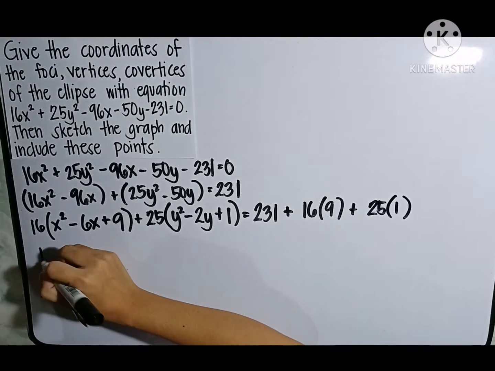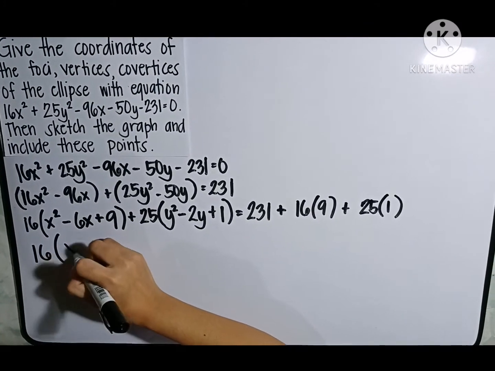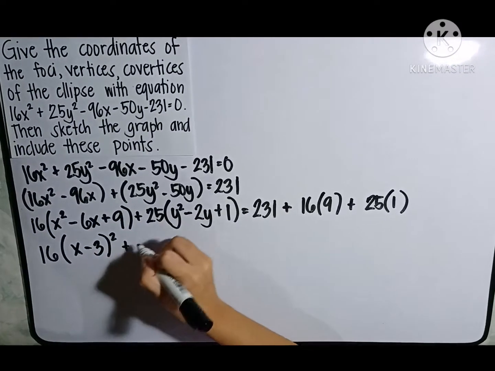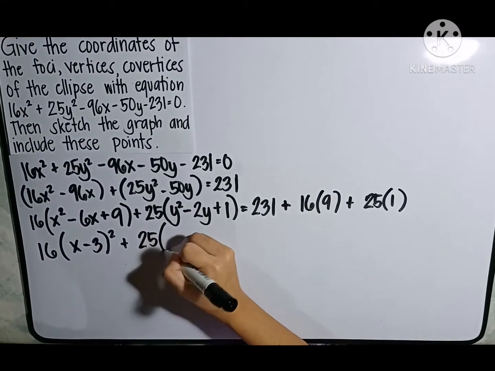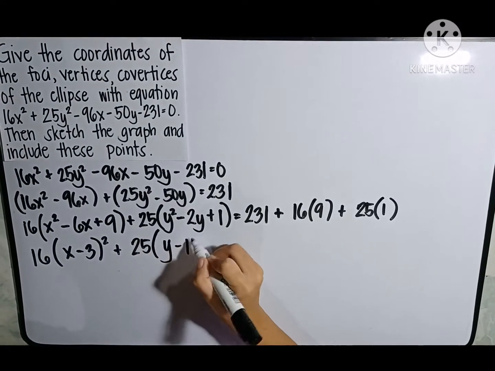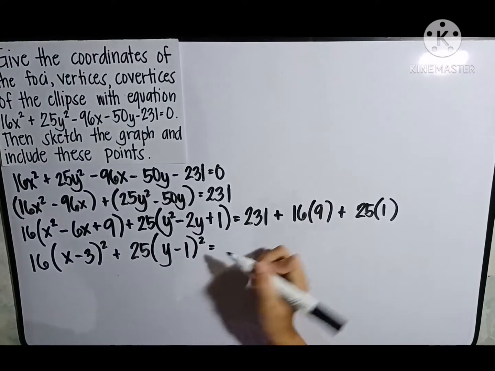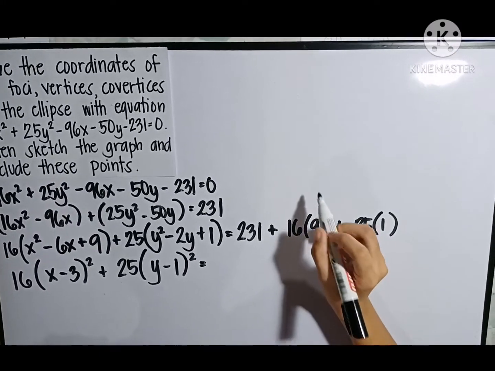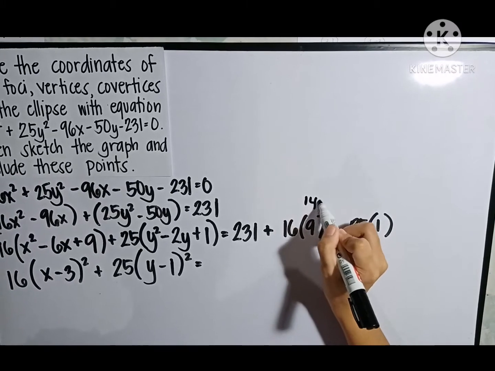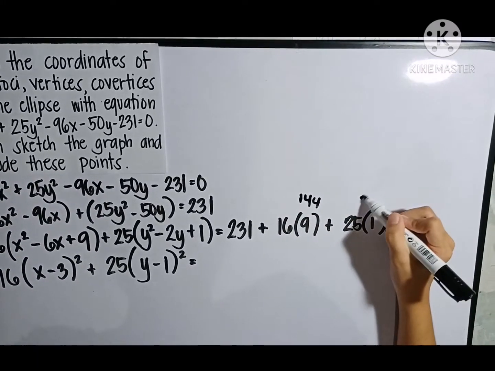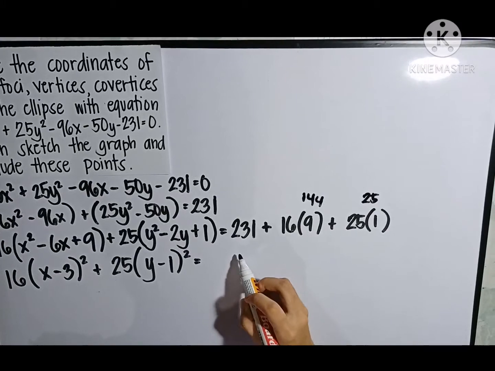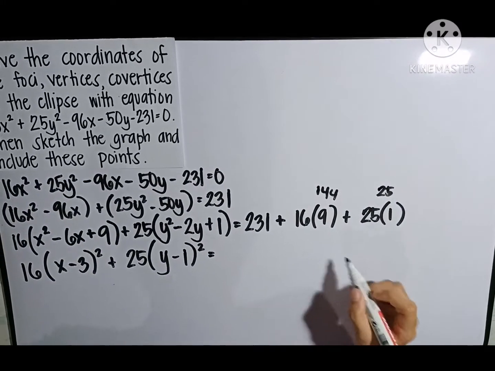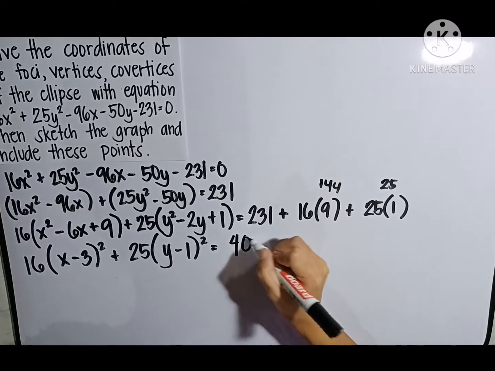Let us simplify. 16 times x minus 3 quantity squared plus 25 times y minus 1 quantity squared is equal to 231 plus 16 times 9, which is 144, plus 25 times 1, which is 25. So 231 plus 144 plus 25 is equal to 400.